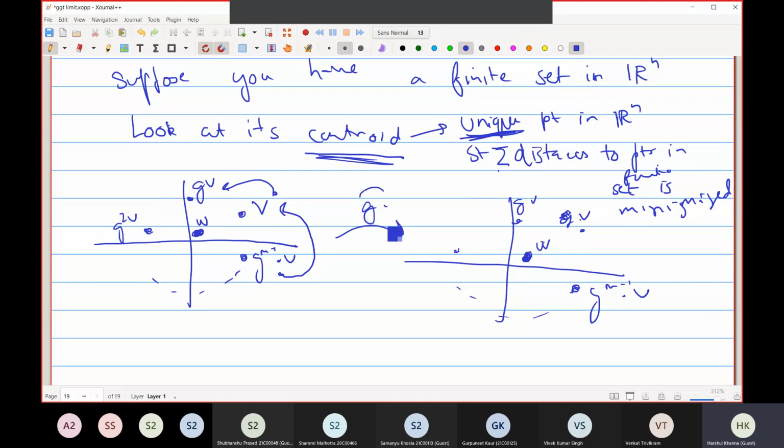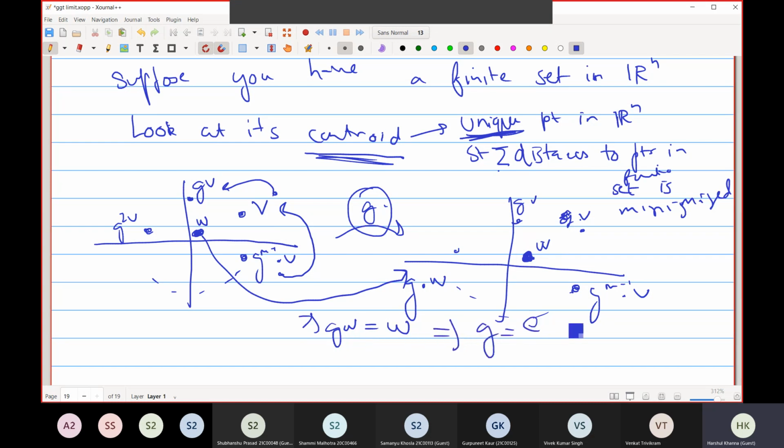But in between we applied g, so W should have been carried to g dot W. But since this finite set remained the same, the centroid remained the same. That implies g dot W is equal to W. But because it's a free action, what does a free action mean? If g W equals W, that means g equals e.